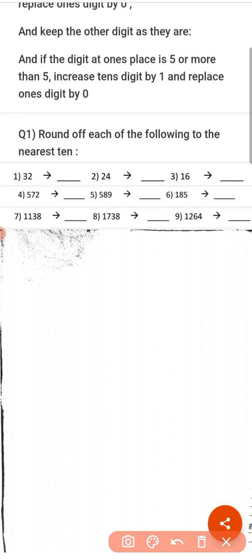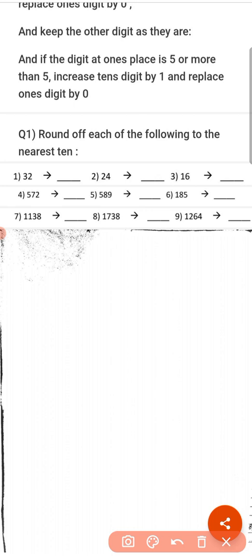Don't change the other digit. Just one step. Ones place becomes 0. That's all. Then write the remaining digits.